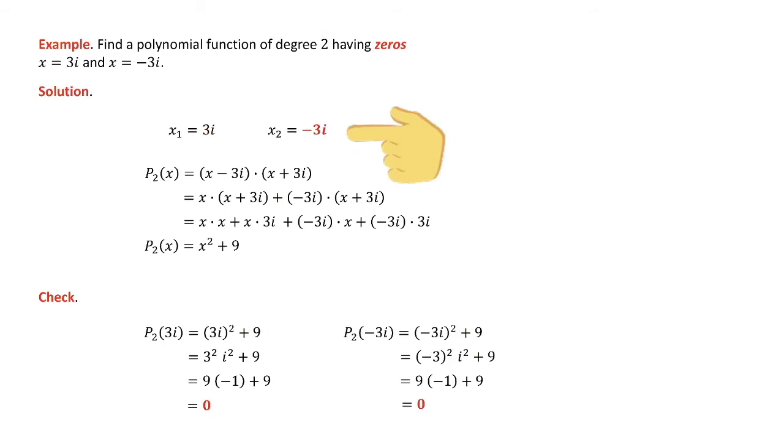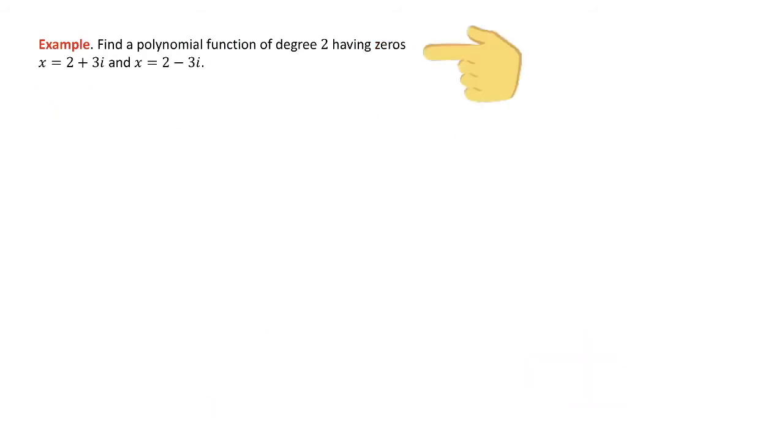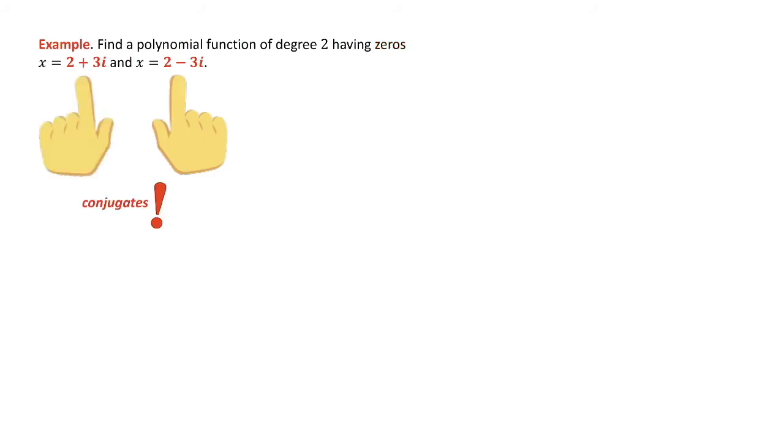Now what if we have a polynomial of degree 2, but the zeros are full complex numbers, a real and imaginary part? This just increases the algebra. It's done the same way, but the algebra is more complicated. Again, notice they come in conjugates. Complex zeros have to come in pairs.